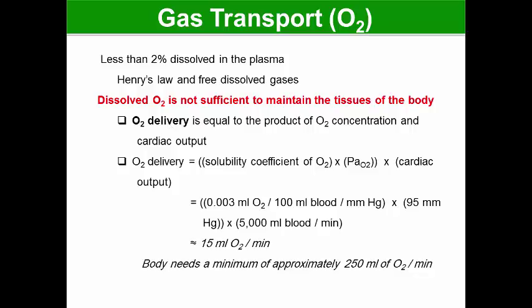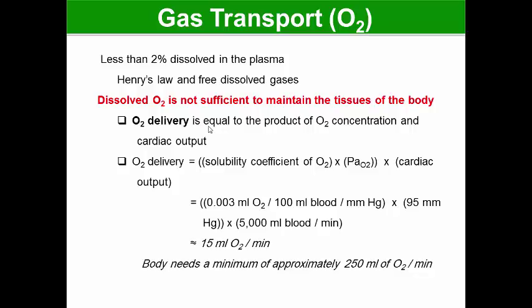Now, oxygen delivery, how much oxygen is delivered to the tissues, is equal to the product of the concentration multiplied by the cardiac output. Remember, the cardiac output at rest is 5 liters per minute. 5 liters of blood go through the tissues at rest. So how much soluble oxygen is present in these 5 liters of the blood?